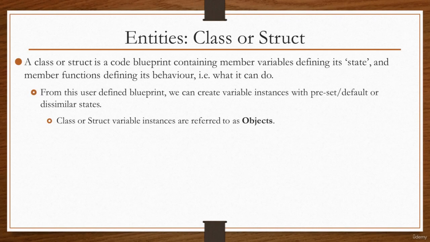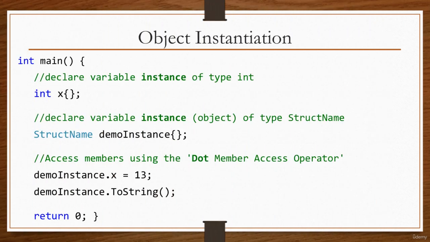As a recap from these user-defined classes or structs, we can create variable instances with preset, in other words default, or dissimilar states. Also note that class or struct variable instances are referred to as objects in C++. As an example of object instantiation, you can see in the main function, we are familiar with this type of statement already. In X, we declare a variable instance, or in other words an object, of type int.